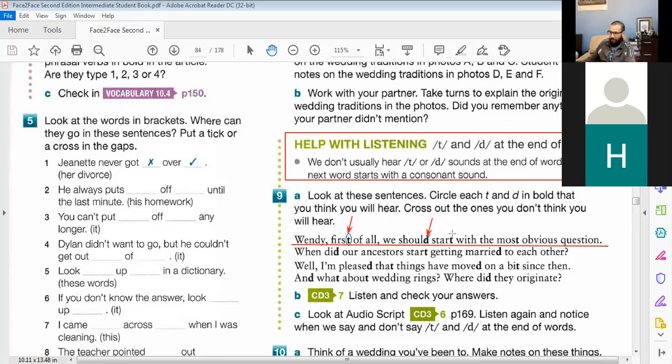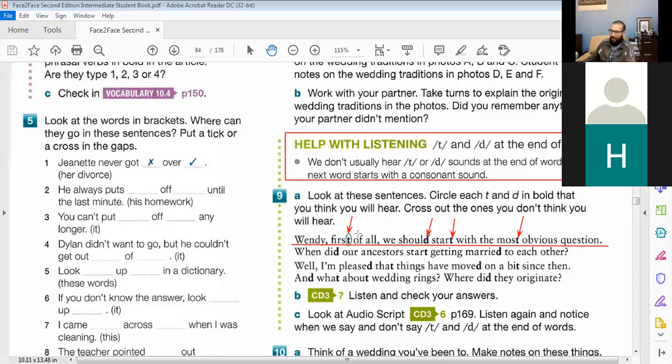Here it's quite strong and clear. Start with, because the W opens on a vowel, so we can consider it kind of a vowel sound. Start with. So the T is clear. Again, the T here is clear because we have a vowel. Most obvious. The T is clear.